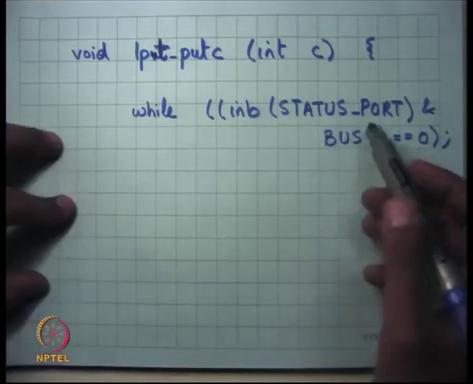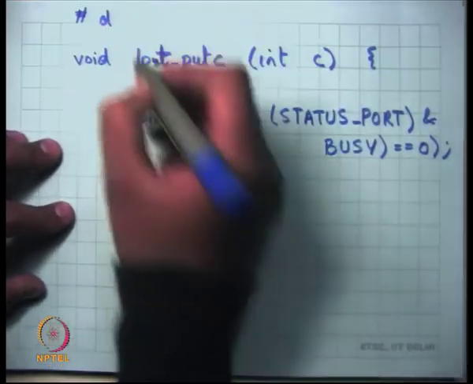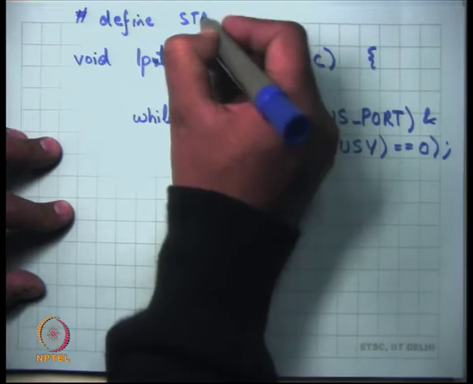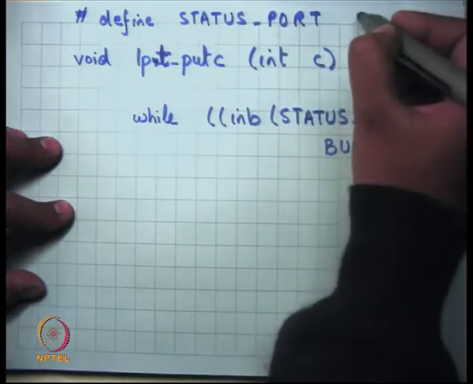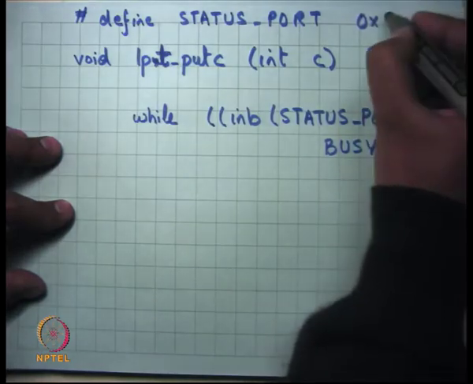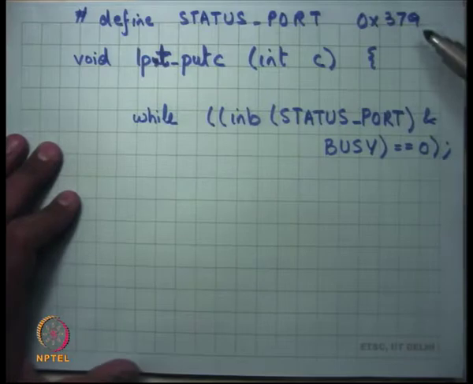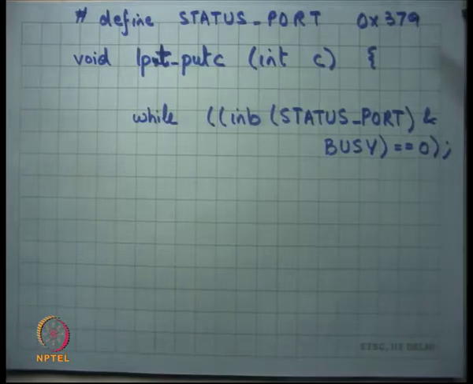So let's say status port has been defined here as some number less than 1024, and the printer manual says that this is the port on which the status will be accessible to you.